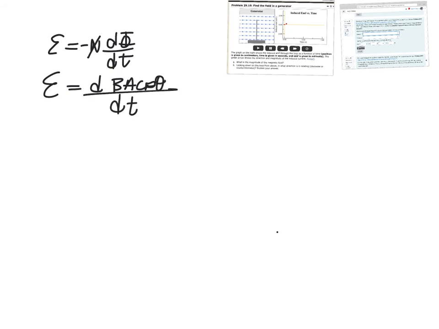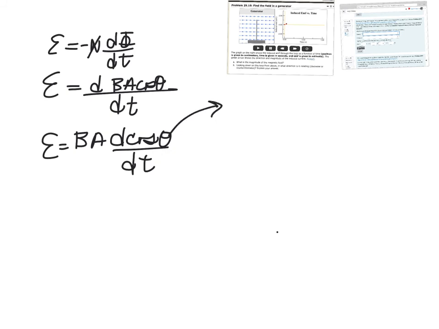But the B is constant, the field is constant, and the area of the loop is constant. You need to measure that. I'll show you how in a minute. And so we have that E equals constant B, the constant A, by the derivative. That's the thing that's changing, is theta. But we need to differentiate that by dt, so we need to change the variable theta to the variable t.